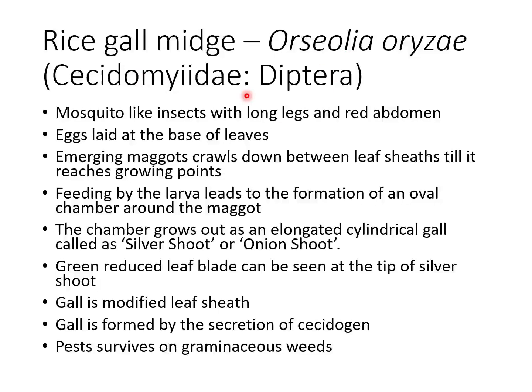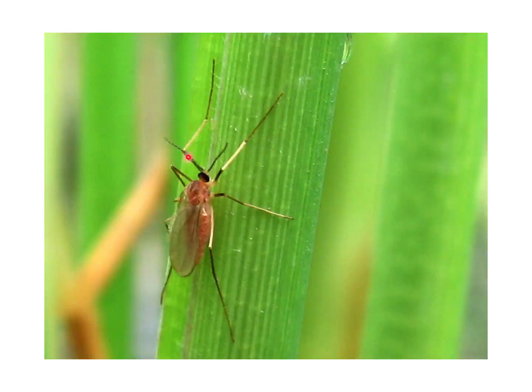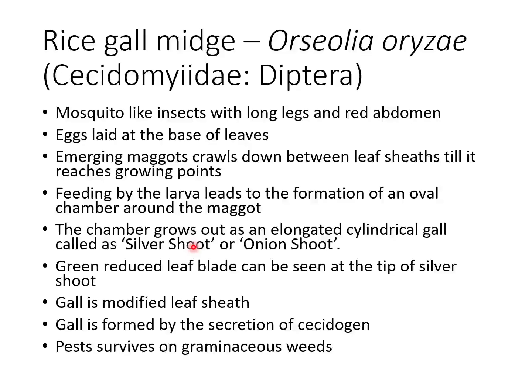That means it is a very slender insect with long legs and a red abdomen. You can see it looks like mosquitoes, but see the body, it is having reddish coloration, and it lays eggs at the base of the leaf.